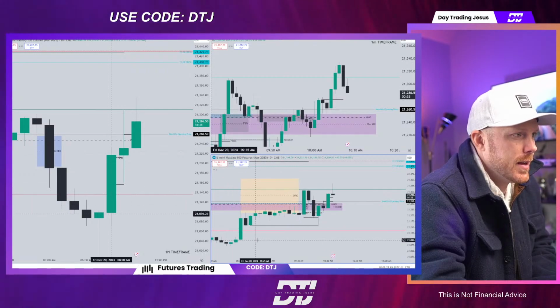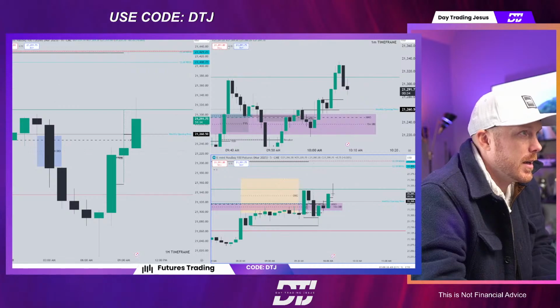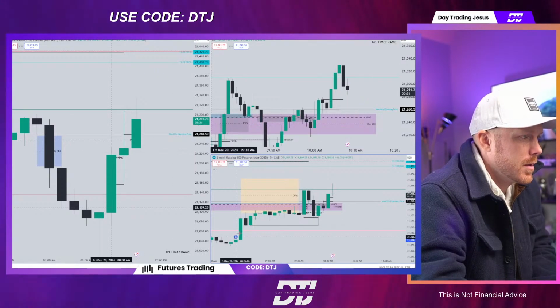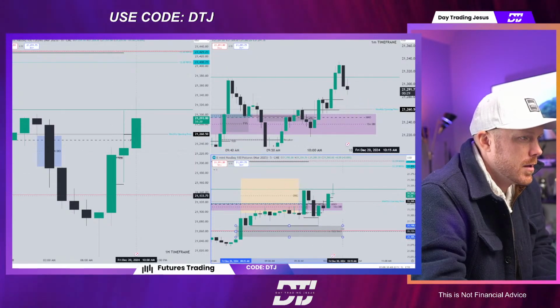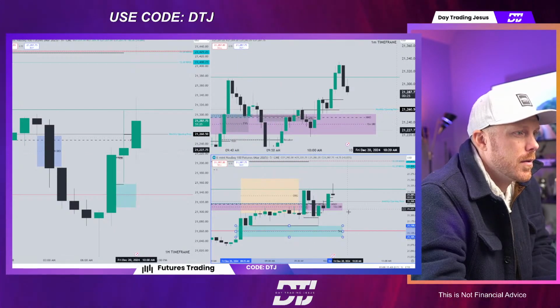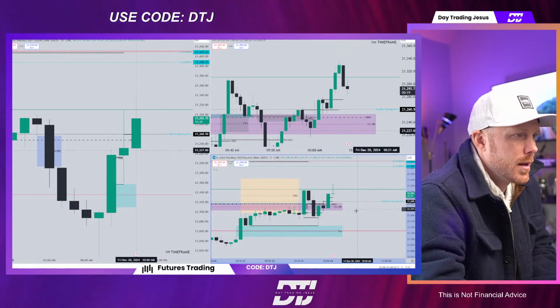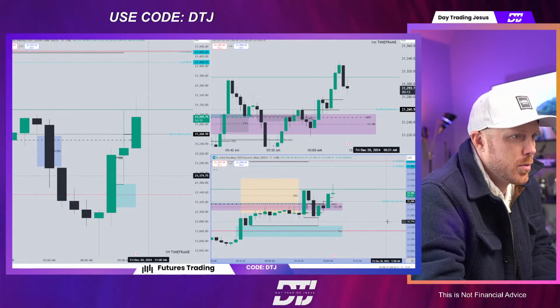We didn't even get into this 5-minute fair value gap or this 15-minute fair value gap. I kind of would like to see this level ran down here, but I mean, that's 100 points lower.